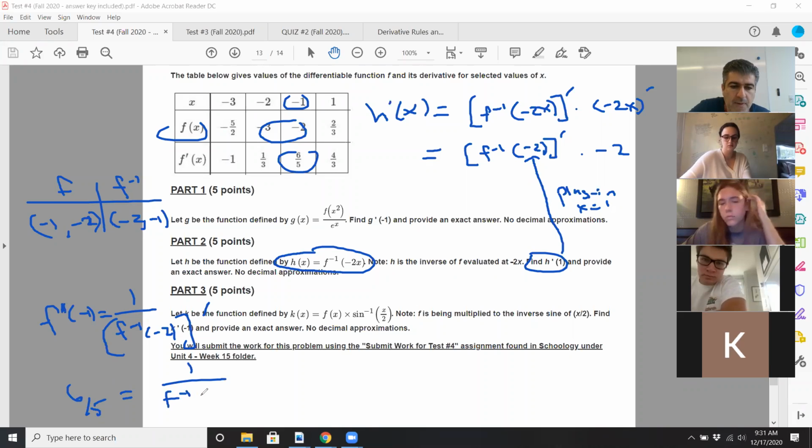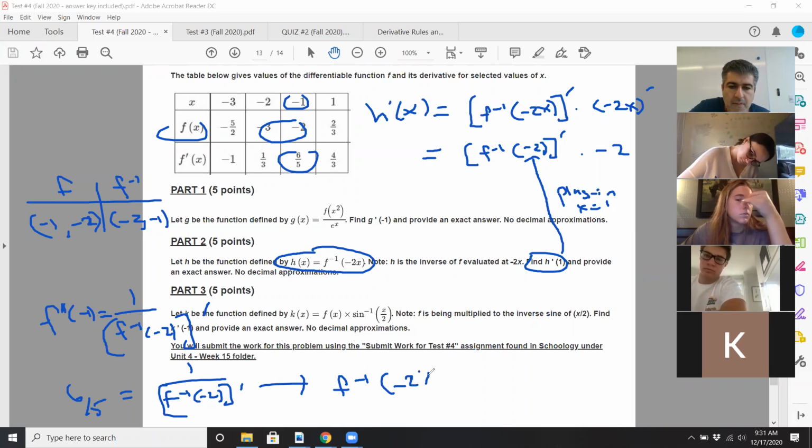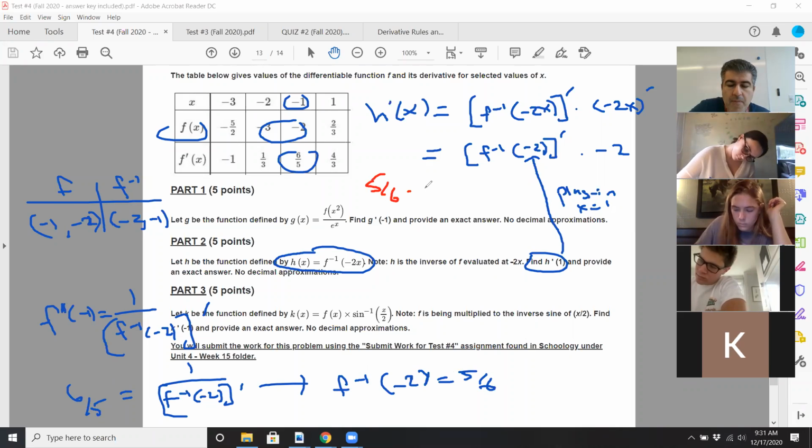So I just got to flip that over, which of course will be 5/6. And then 5/6 times -2. So if you do 5/6 times -2, you should get the right answer. So the final answer is -5/3.